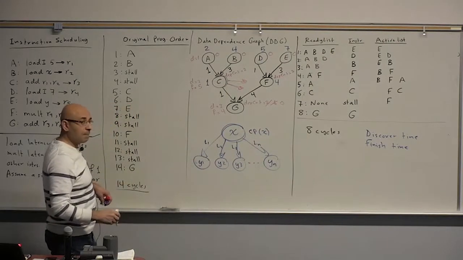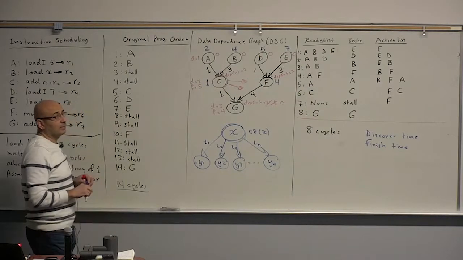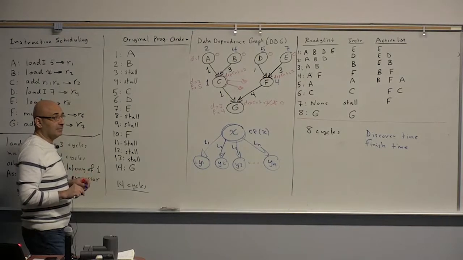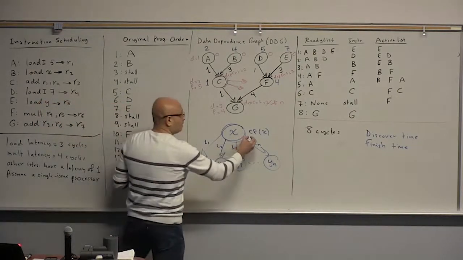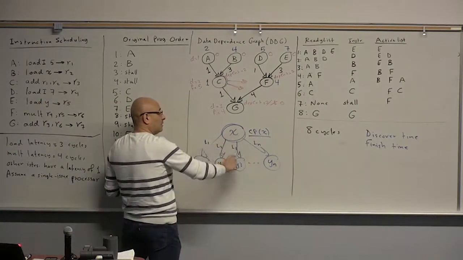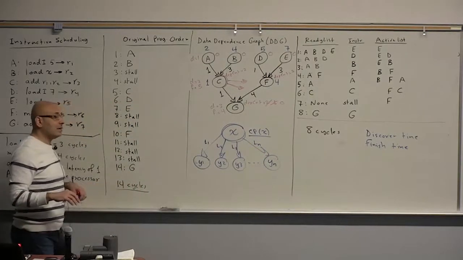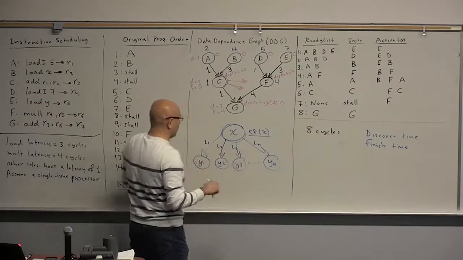Each time you go down from X and it comes back up from the recursive call, you add the latency. In fact, we cannot calculate the critical path of X until we have calculated the critical paths of all the instructions that are immediately dependent on X.